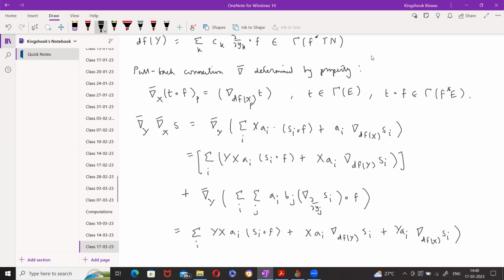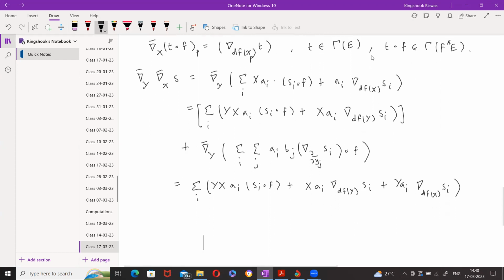So I'll have these three terms. Then I'll have nabla bar y acting on this. Let me stop this session and start a new one.